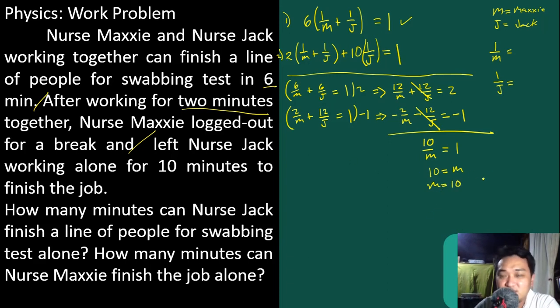Okay. So therefore, Maxi, if working alone, can finish this line of people for swabbing tests in 10 minutes. Yan po yan. How about Jack?